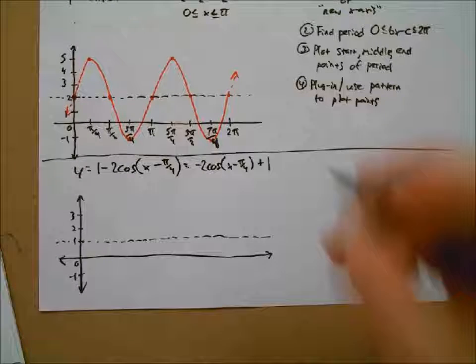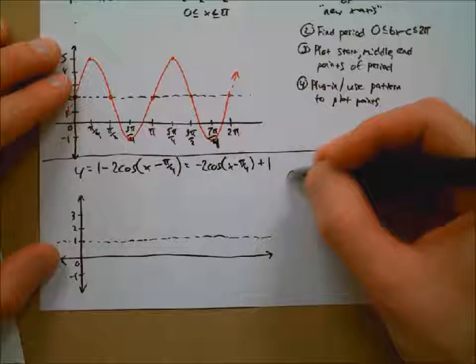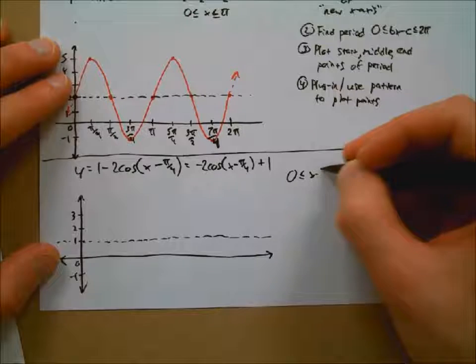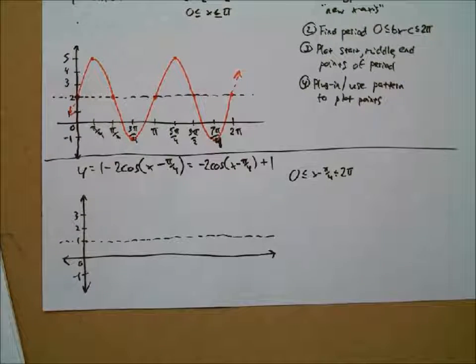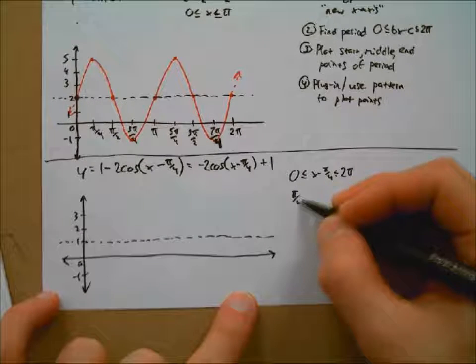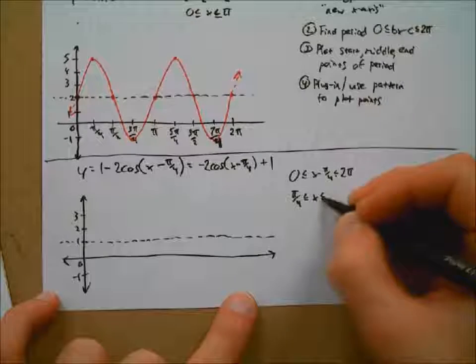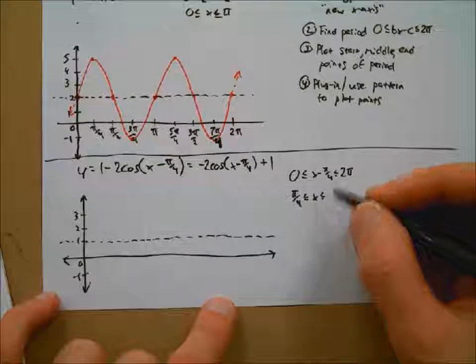Then we also have to take care of an adjustment to our period. So 0 is less than or equal to x minus pi over 4, less than or equal to 2 pi. So we have to add pi over 4. 2 pi is 8 pi over 4, so adding pi over 4 would be 9 pi over 4.